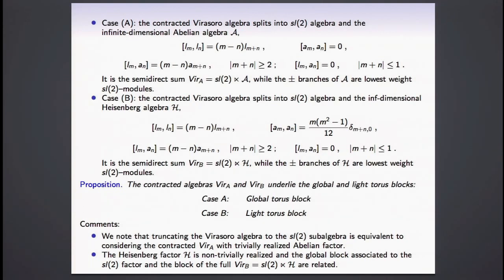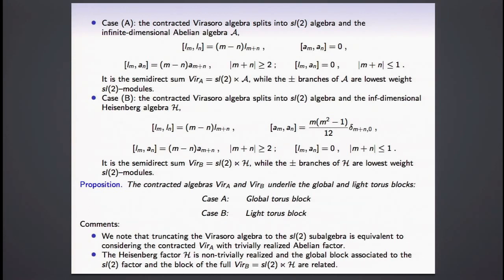In the second case, this contracted algebra now contains, instead of the abelian factor, the Heisenberg algebra, which is given by these H with the respective commutation relations. So for these two contractions, we have two contracted algebras, which are both semi-direct products of finite dimensional SL2 and an infinite dimensional factor, which is either the abelian algebra or the Heisenberg algebra.